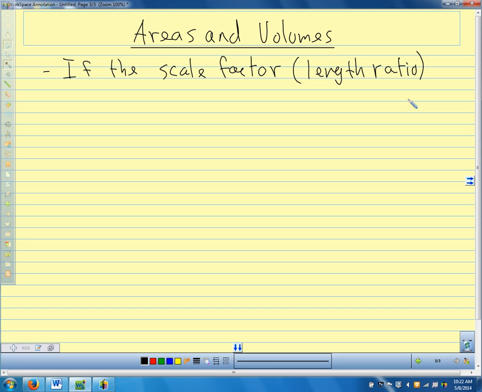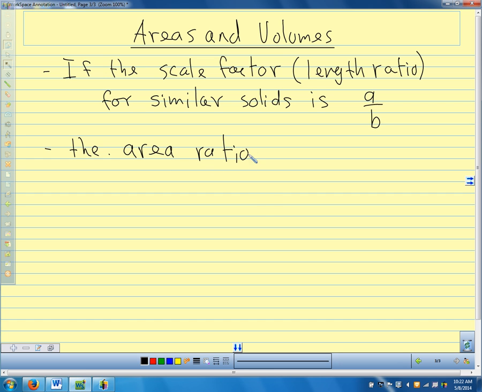If the scale factor, the length ratio for similar solids, is A over B, the area ratio, and we talked about this one last chapter.